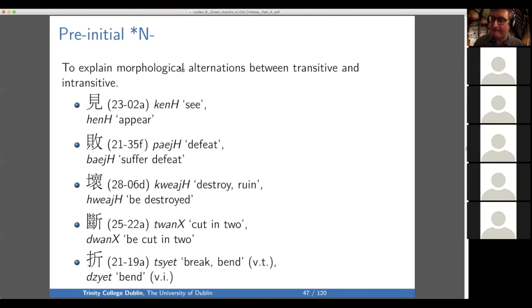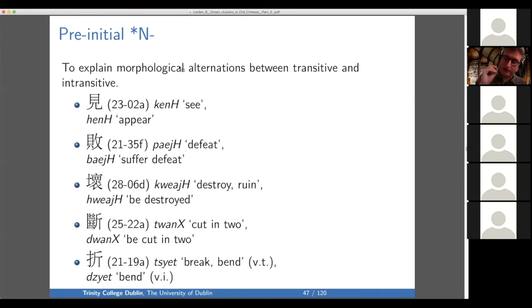The other camp, basically, on this question is Mei Tzu-lin, who thinks that the voiced form is original and it is made voiceless from an S prefix. And he points to the fact that there are lots of S prefixes to make causatives in Tibeto-Burman languages. But as we've seen, Baxter and Sagart also think there's a good comparison to be made between that evidence in Tibeto-Burman and a phenomenon in Chinese.